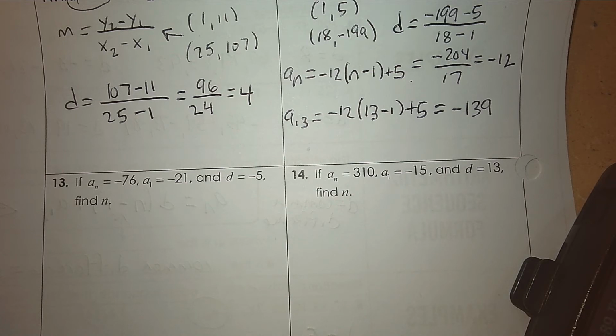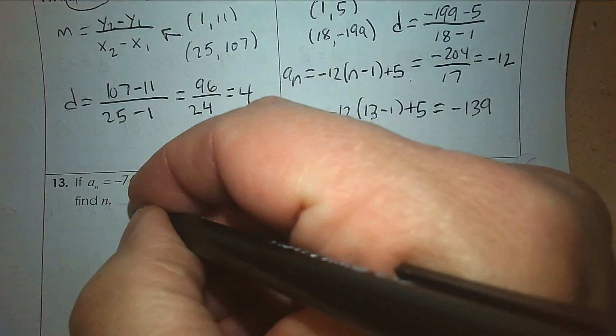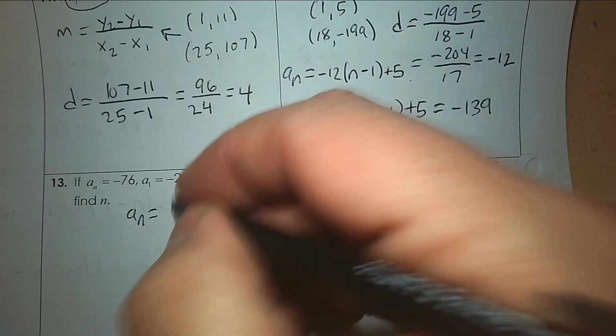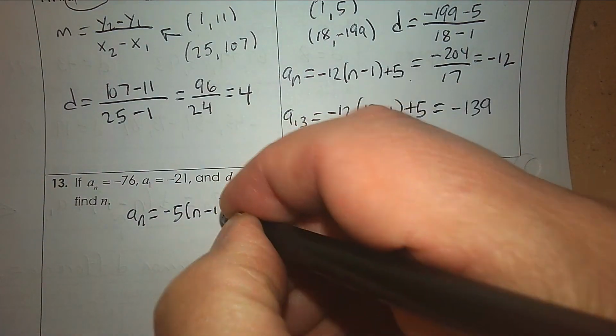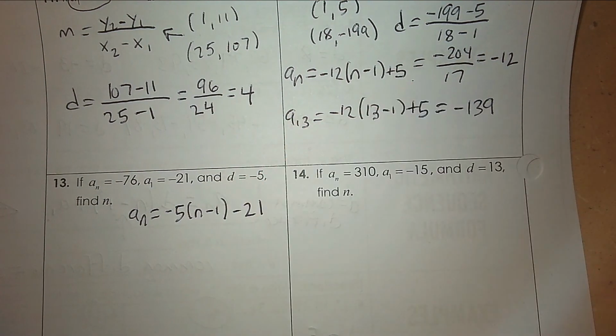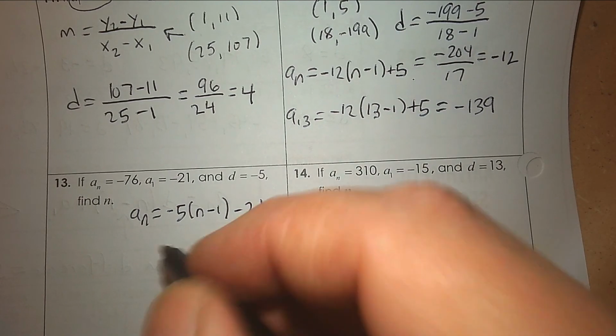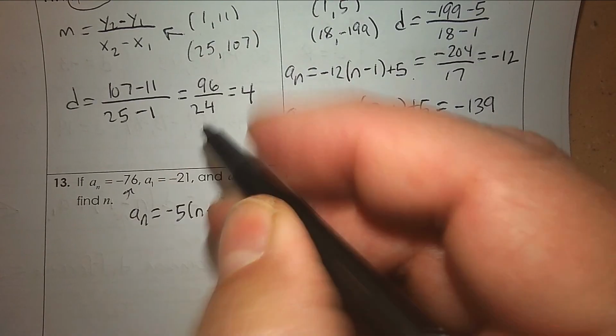If we write down the linear rule over and over again, you'll remember it. So we start with an equals negative 5 times (n minus 1) subtract 21, right? Then it tells you an equals what number?